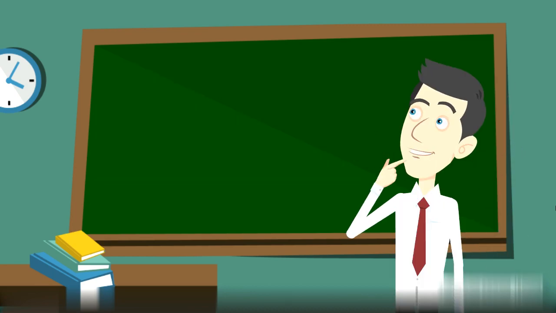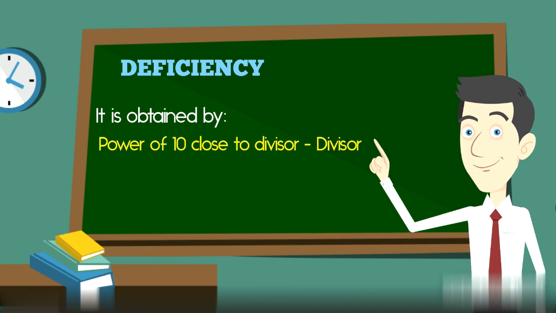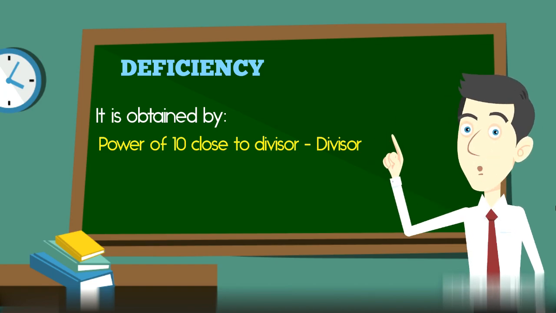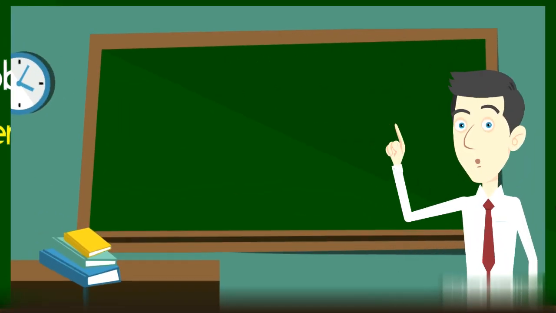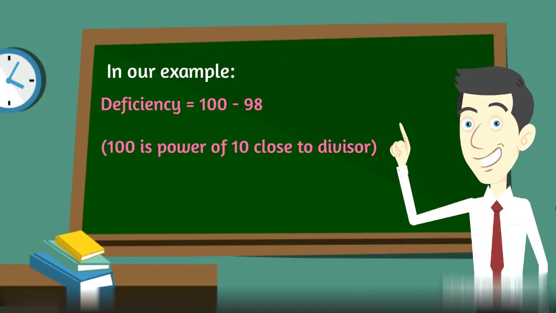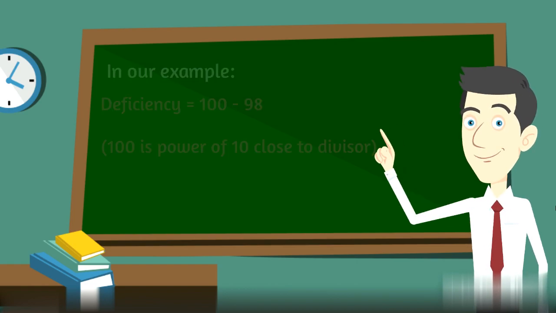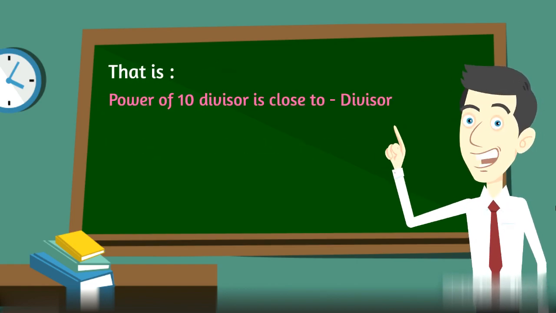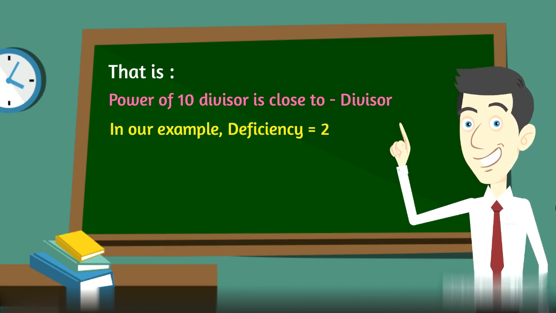So everyone must be curious to know what is deficiency. Deficiency is the number obtained when the divisor is subtracted from the power of 10 the divisor is close to. In our example, deficiency is equal to 100 minus 98. That is, the power of 10 the divisor is close to minus the divisor, which is equal to 2.